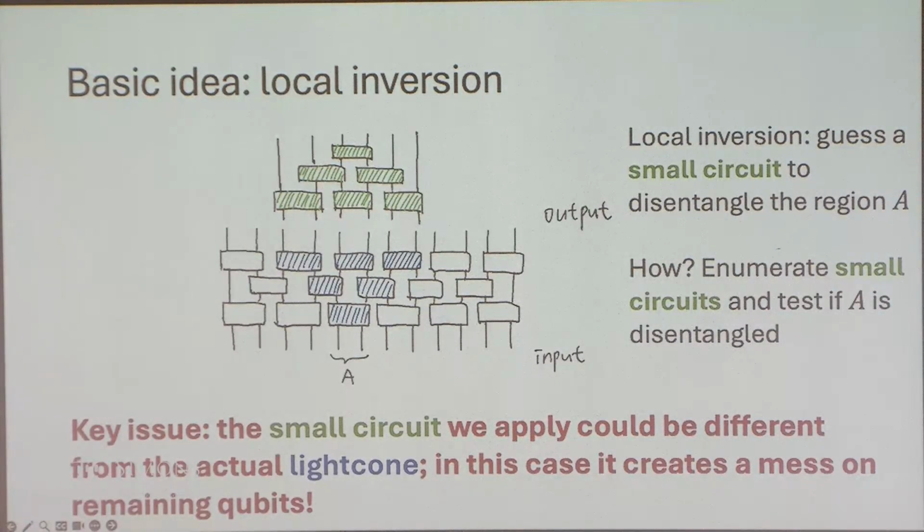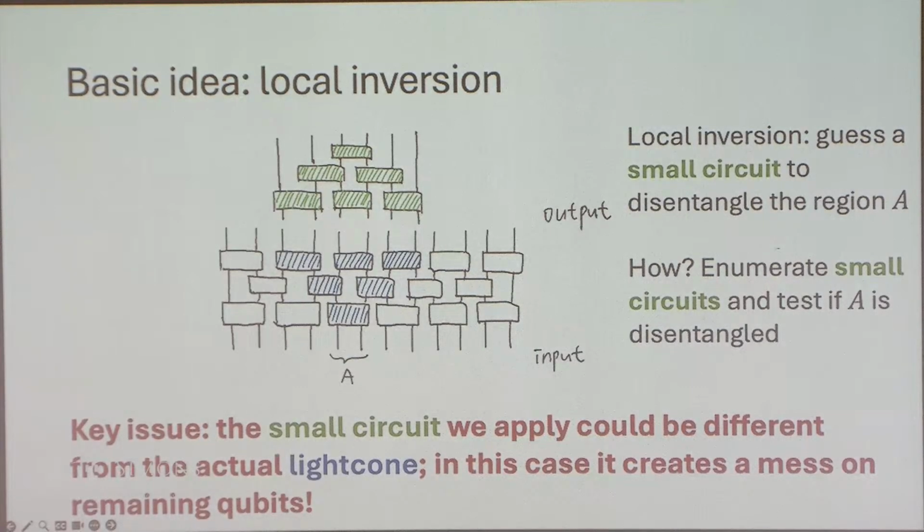So it could just be some other circuit that happens to disentangle A. In other words, instead of removing gates from the unknown circuit that we're trying to learn, we are actually adding more gates. And this really creates a mess on the remaining qubits, even though we can sort of remove the qubits in A.